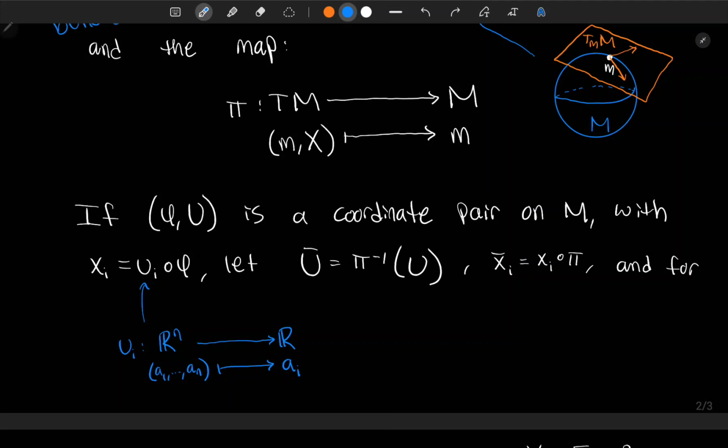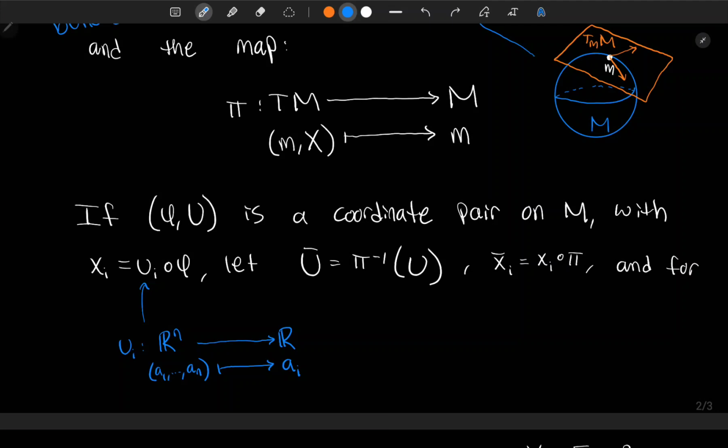So given the composition of u_i with phi, and defining U bar to be the pre-image of U, so it's defined to be the fiber of U, we also define x_i bar, which is given by x_i composed with pi.